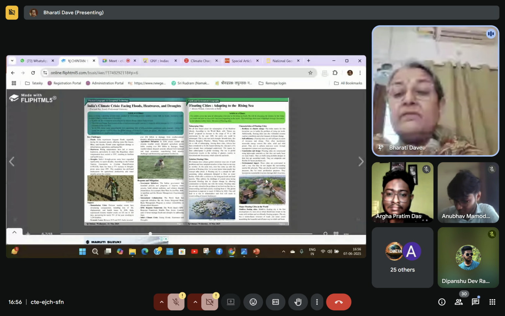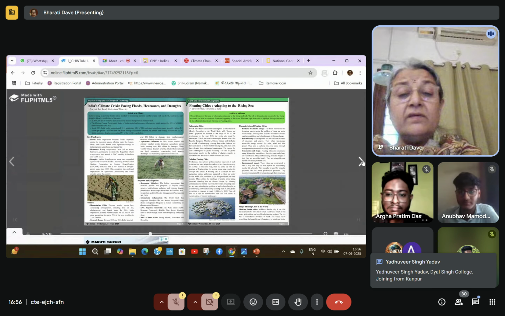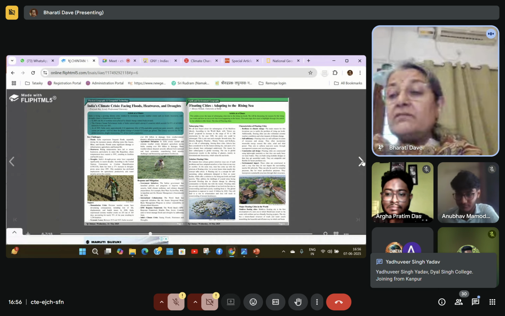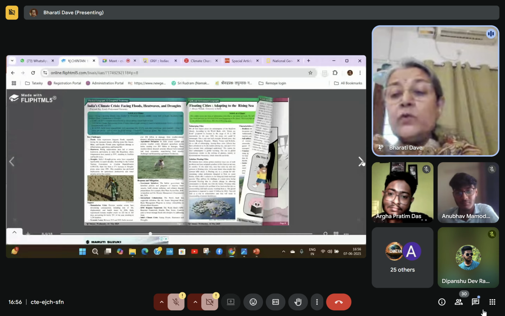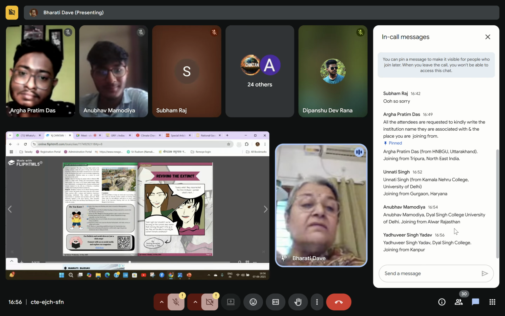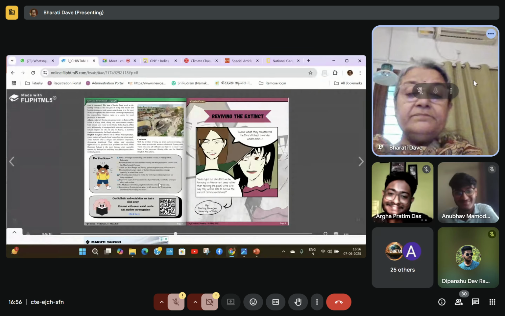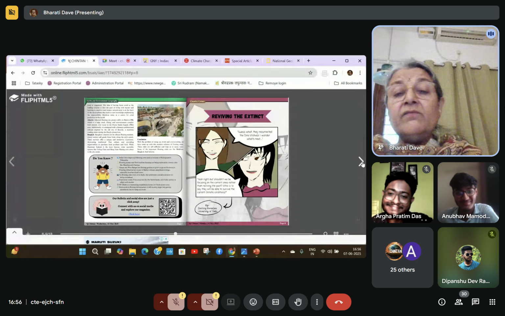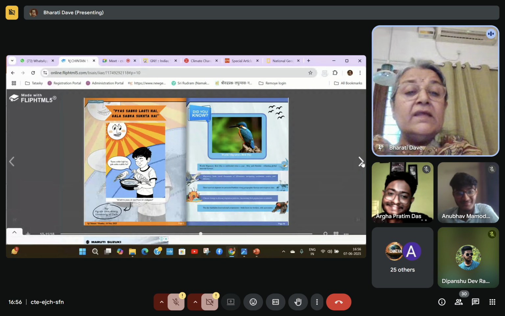You are strengthening your article, and I would say these are very informative. An article has to be informative and interesting, and it passes in both. And these posters, of course, are very amazing. I think whoever has done these is very creative.